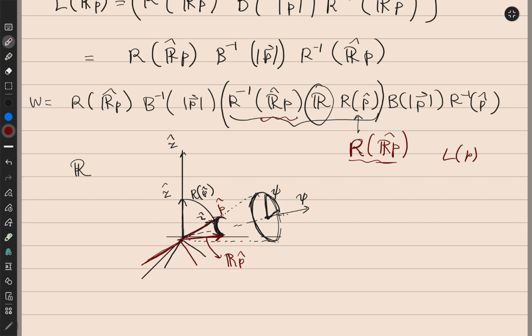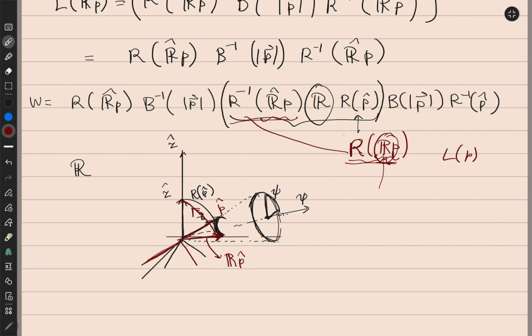This is my RP cap, and this simple R is defined to be a rotation that brings the Z axis to the vector written inside the argument. So this would bring Z cap to this vector, but we have an inverse of it. The inverse corresponds to going the other way around, bringing this vector back to Z cap. So the effect of this one would be to go back to Z cap.